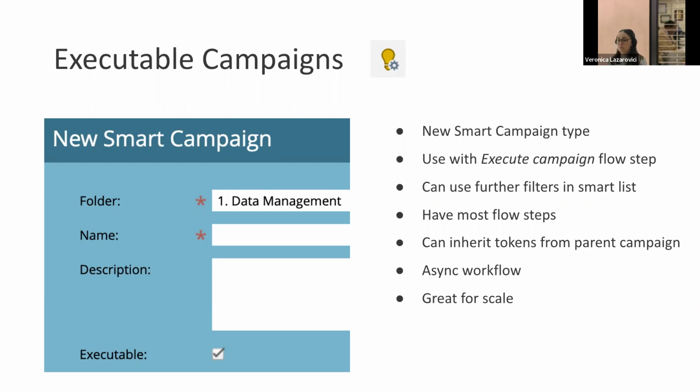Also, if you want to make changes in the future, you can do it in one place only. And when the campaigns are active, you will see this light bulb with this wheel next to it. This is how you recognize and differentiate them from the other smart campaigns in Marketo.